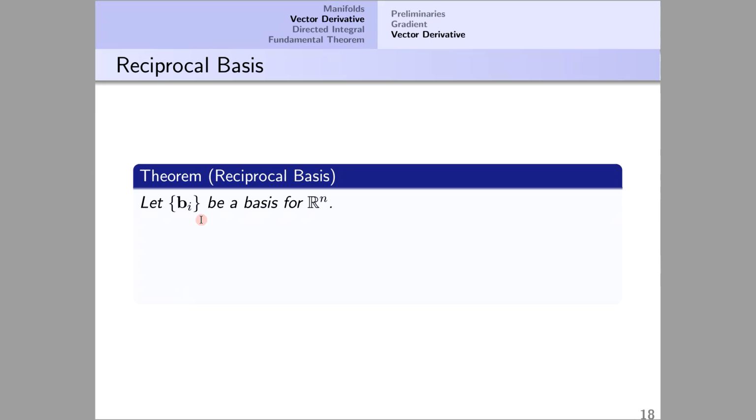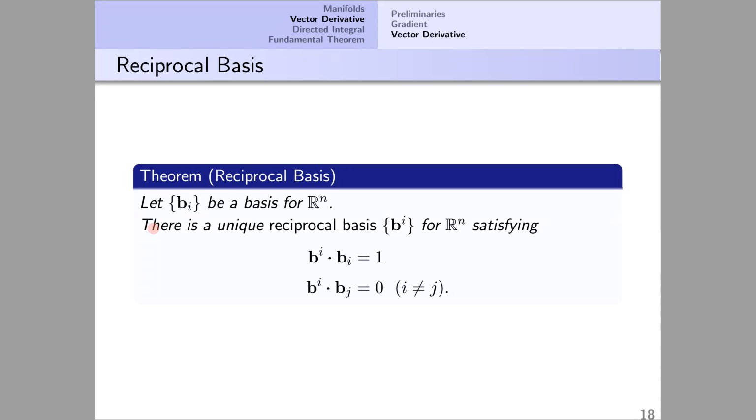I start with a basis for Rn, then it is a theorem that there is a unique reciprocal basis, B super i, with i being a superscript and not an exponent, satisfying these two equations. You see right away that an orthonormal basis is its own reciprocal basis.